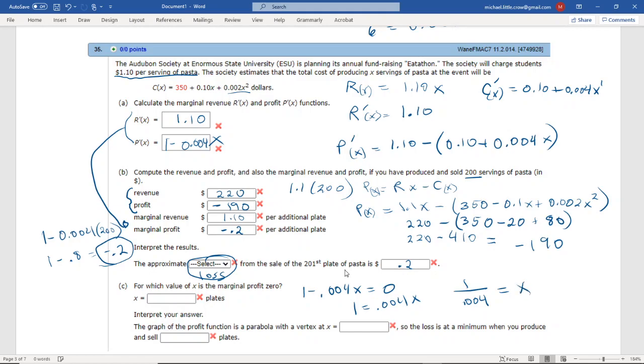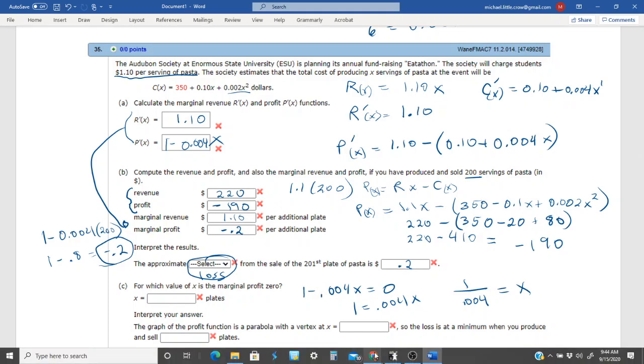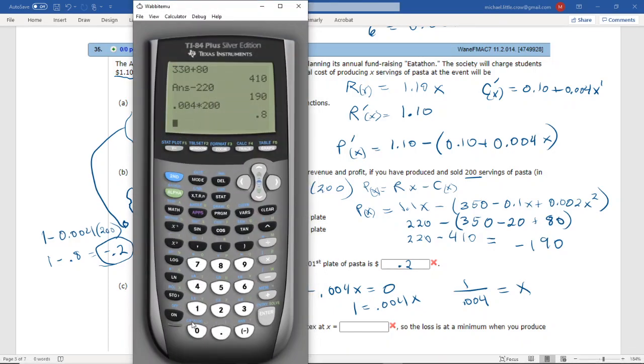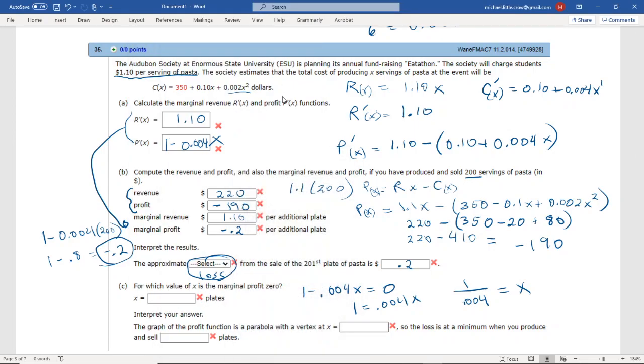Actually, 1/4 is not 4,000. A fourth will be 250. So we take 1 divided by 0.004. 250. So we're getting there. We just have to serve enough people. So the marginal profit will be 0 at 250.